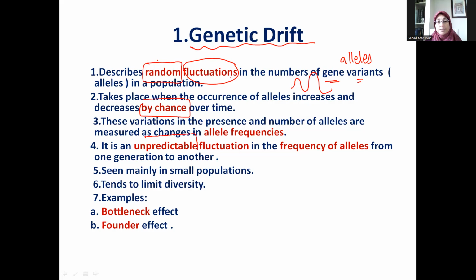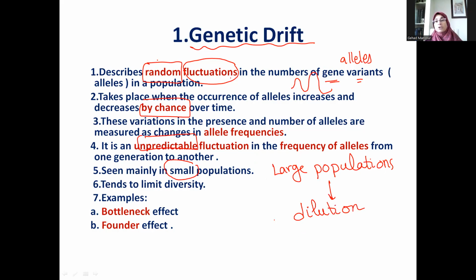And they are unpredictable. In order for the genetic drift or such fluctuations in allele frequencies to be seen, we have to have a small population, because in large populations, there is what we call dilution of alleles, meaning that if there is a change, that change will be diluted by the big number of individuals in the population.